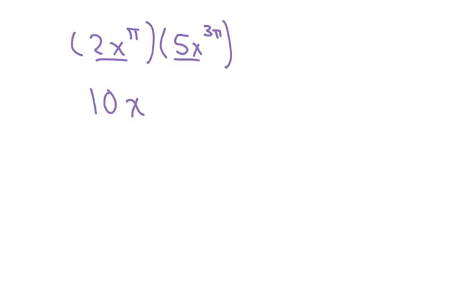And then for the powers, you're going to just add these. This is pi plus 3 pi. So our final answer is going to be 10x to the 4 pi power.